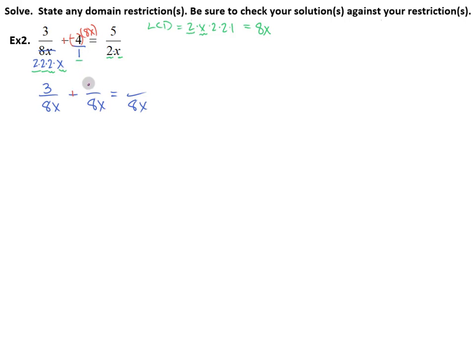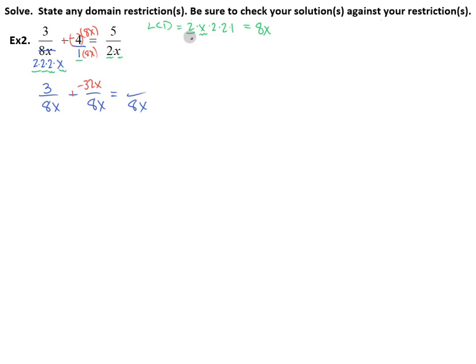So just to be on the safe side there, we'll put it in parentheses, and we're going to make this negative 32x. Okay, and again, I just changed it to adding the opposite, negative 4 times 8x, negative 32x. Of course, technically we multiplied the bottom by 8x.